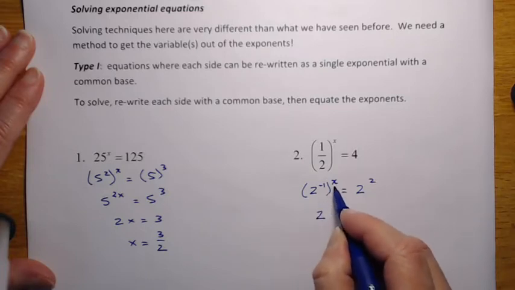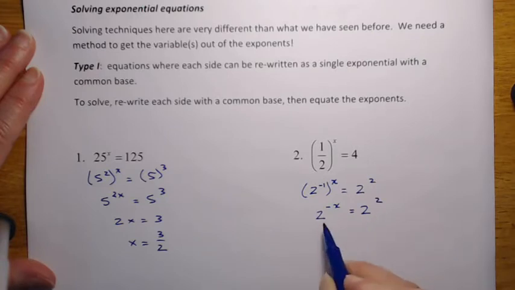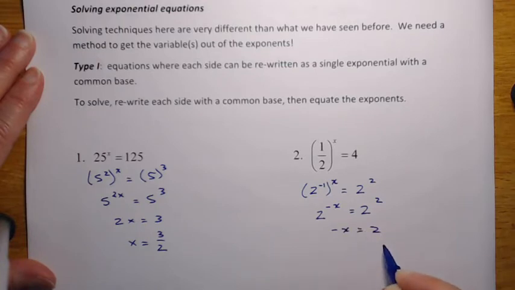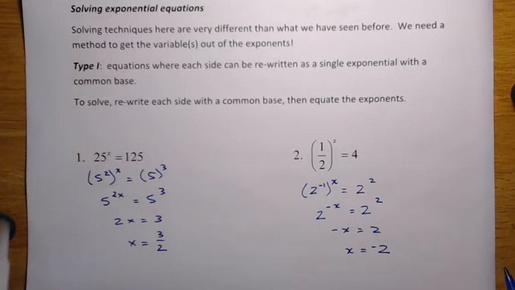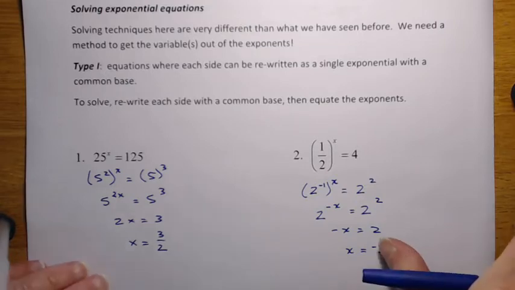So again, this would be -1 times x, which is negative x. It's 2 squared. So the only way these two sides can be equal, 2 to the negative x equal to 2 squared, is if the exponents are equal. And again, divide by -1, and I have my solution. Again, a real nice method, much easier than the other method we'll see. So when we can use it, we try to use it.